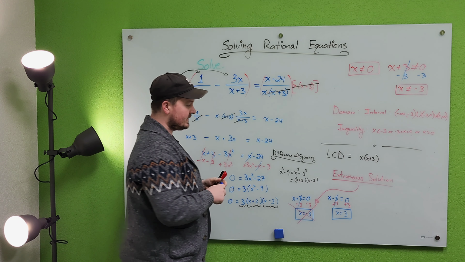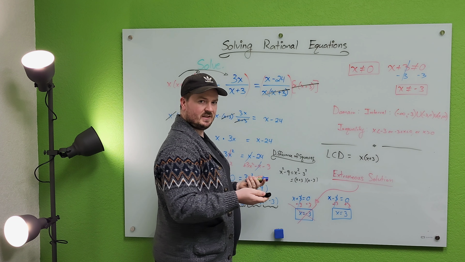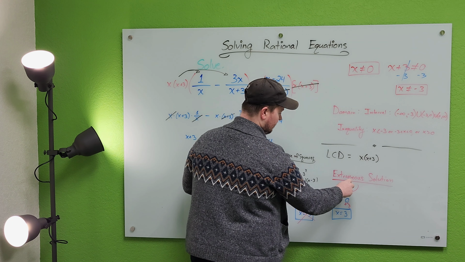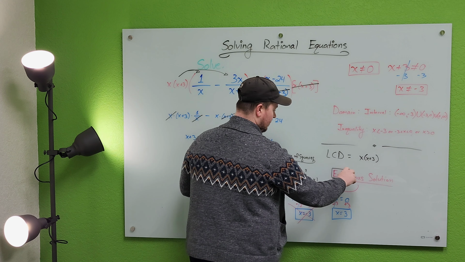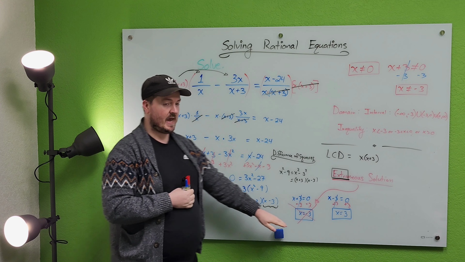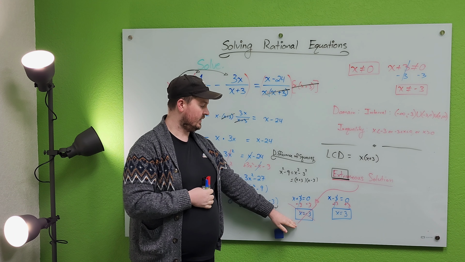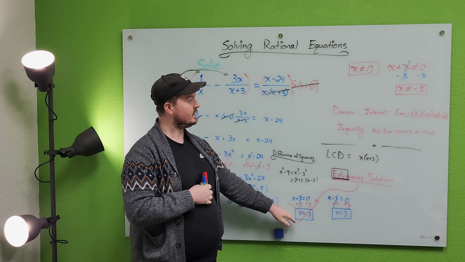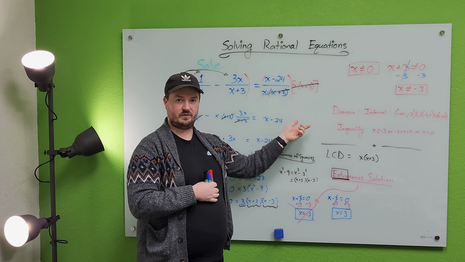So the last thing I want to point out is what does extraneous mean? Well, if you notice, extraneous literally has the word extra. So an extraneous solution is an extra solution we've gotten from doing correct algebra, but we're not allowed to use this because it's not in the domain of the original function.